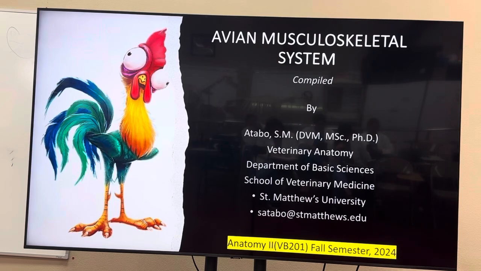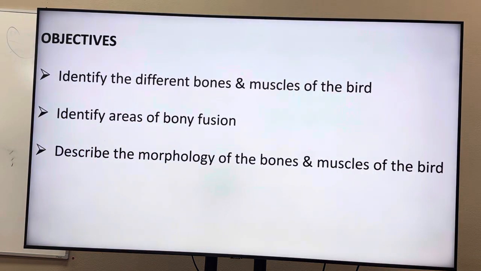We are going to look at the avian musculoskeletal system, and our focus is basically the bones and the muscle. Luckily, some of the bones have similarities to what we have seen in domestic mammals, like the dog.